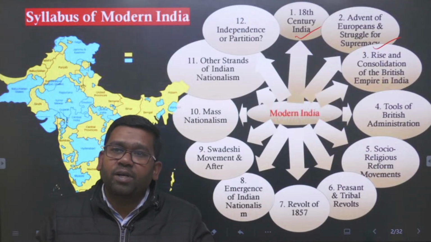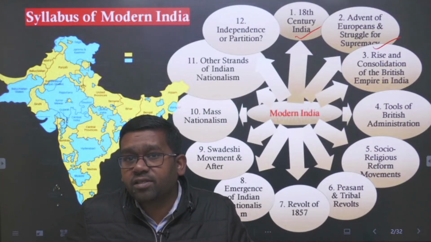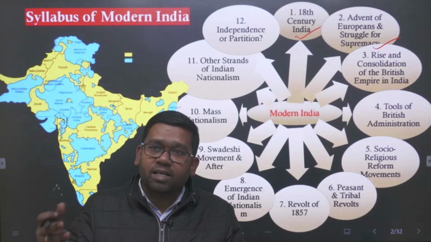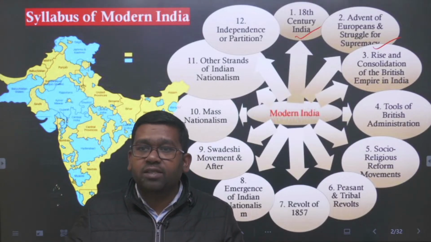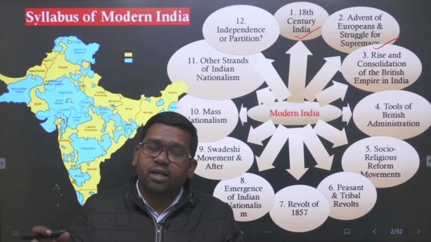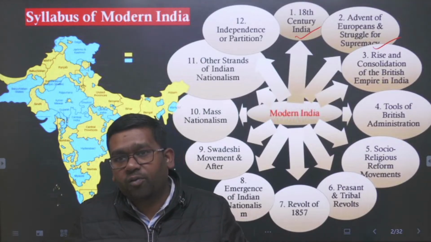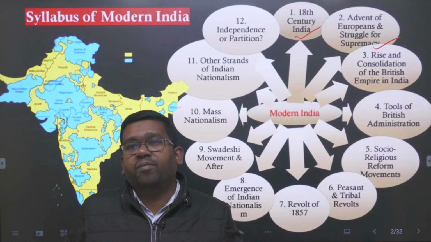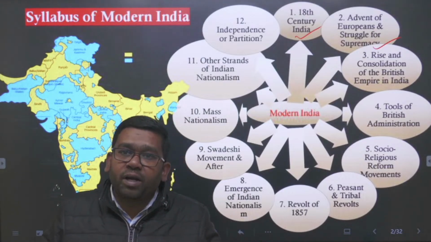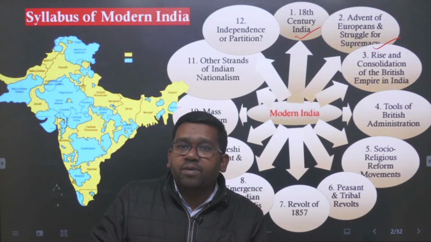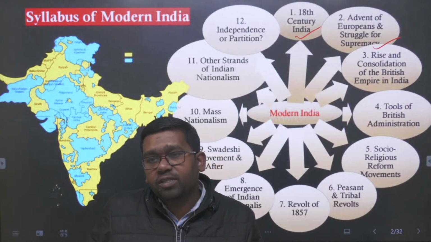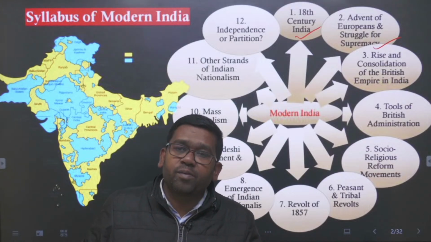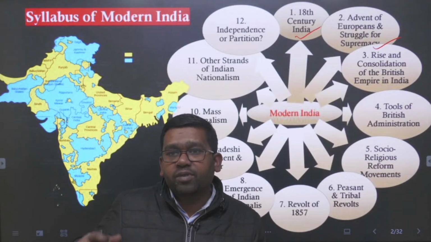In these tools we will discuss revenue administration. There was the Permanent Settlement, which was planned by John Shore and then implemented by Lord Cornwallis. Then we have the Ryotwari system and the Mahalwari system. In case of administrative reforms, they had reforms in the civil service, they brought the Indian police service, and they had military and judiciary reforms.